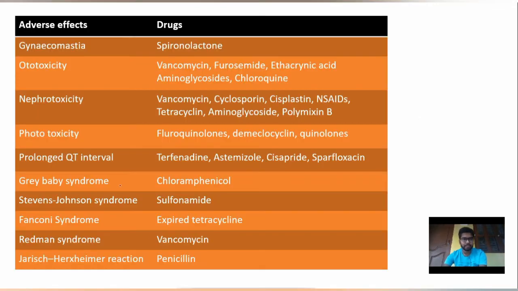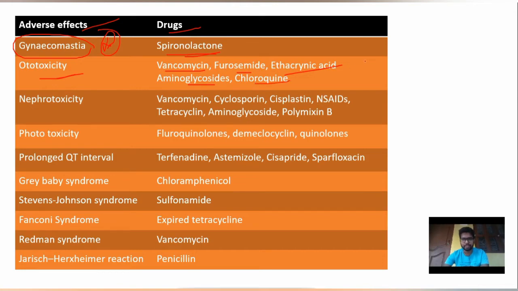Then coming to the next slide, adverse effects and drugs. Gynecomastia is also very important. Spironolactone, a diuretic, shows this type of adverse drug reaction. Then ototoxic drugs are vancomycin, furosemide, ethacrynic acid, aminoglycosides, chloroquine.